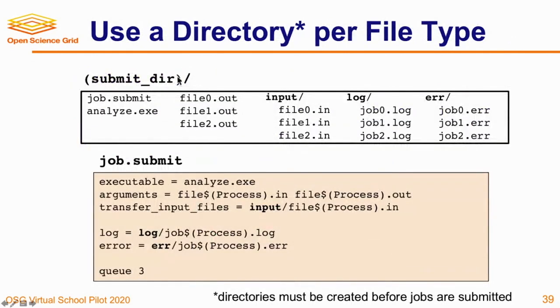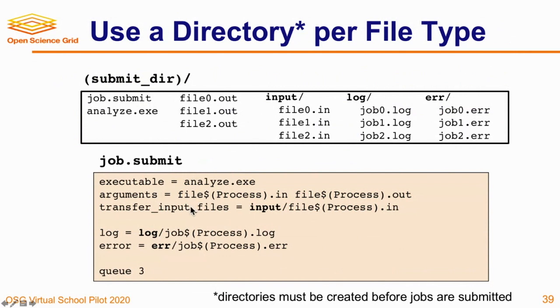So let's say that we've got the same scenario. We're already using $(process) in the submit file, but let's say that we'd like to organize our input files into a separate folder from our log files and our error files. Some of our users really like this organization scheme.